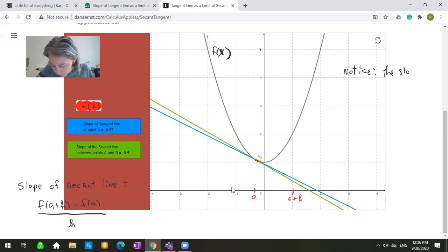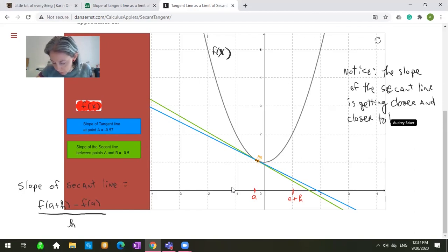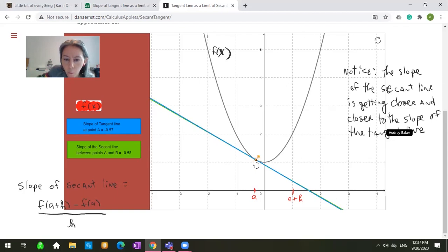The slope of the secant line is getting closer and closer to the slope of the tangent line. And in fact, if I let it keep getting closer and closer, when that point arrives at A, what would we expect the slope of the line to become?